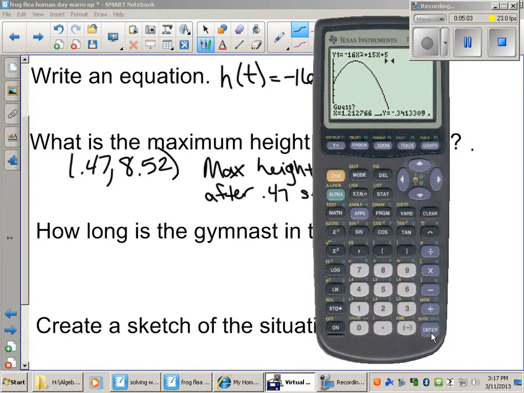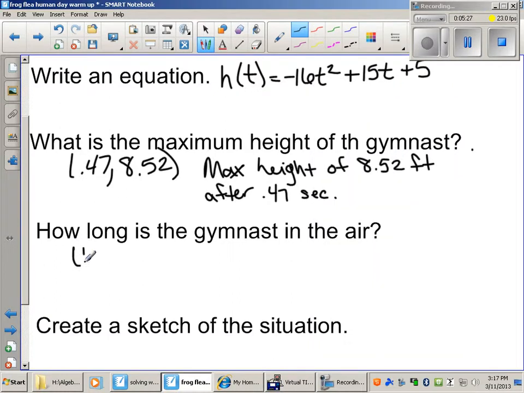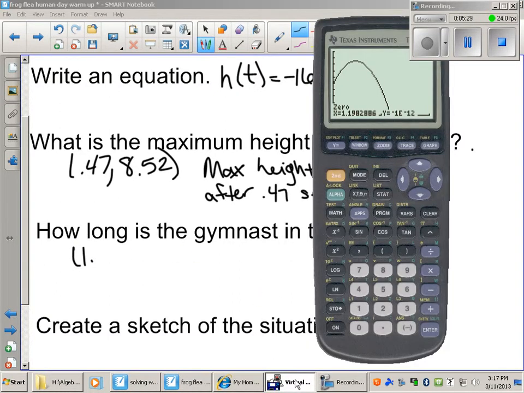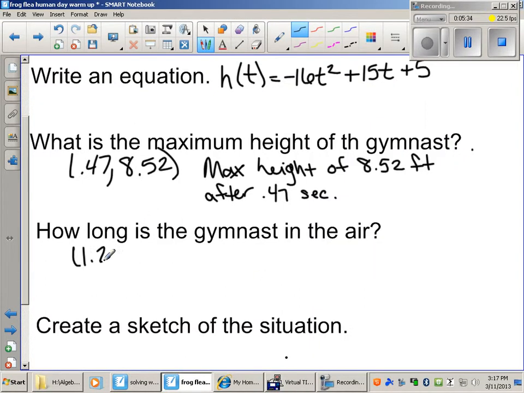And I have 1.198. This value here, negative 1 e to the negative 12, is the number negative 1 times 10 to the negative 12, or 0.000000000001. So that's a very small number. It's very close to 0. So we would have 1.20, comma 0.